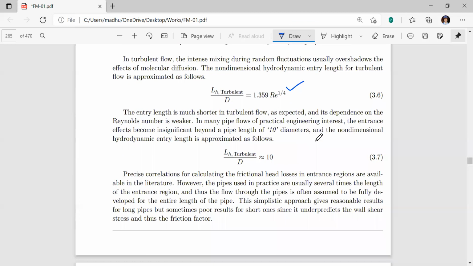The entry length is much shorter in a turbulent flow as expected, and its dependence on the Reynolds number is weaker. In many pipe flows of practical engineering interest, the entrance effects become significant beyond a pipe length of 10 diameters, and the non-dimensional hydrodynamic entry length is approximated as LH turbulent by D approximately equal to 10.